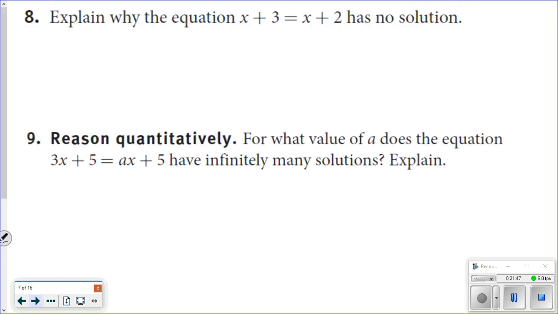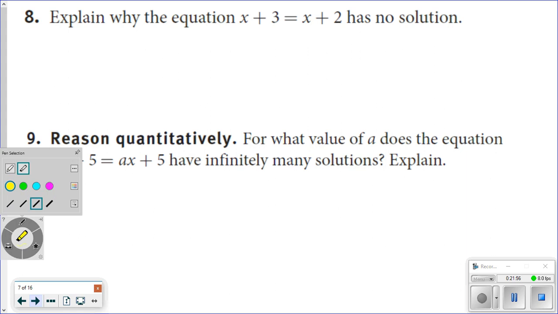Question 8. Using your own words here, explain why this equation, x plus 3 equals x plus 2, has no solution. See what you can come up with. Write something down.